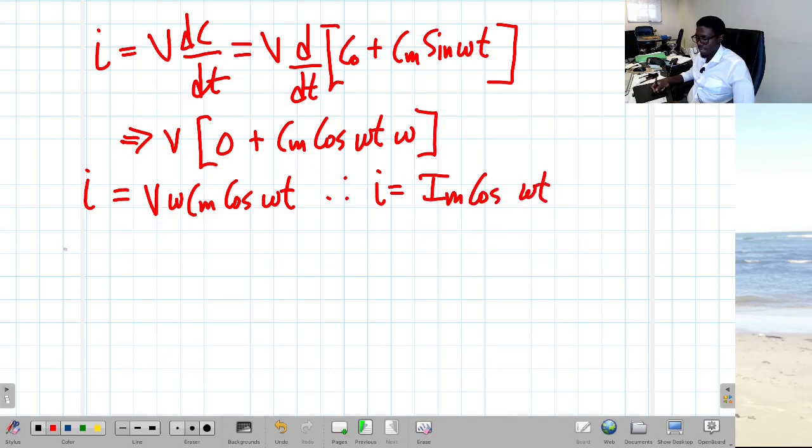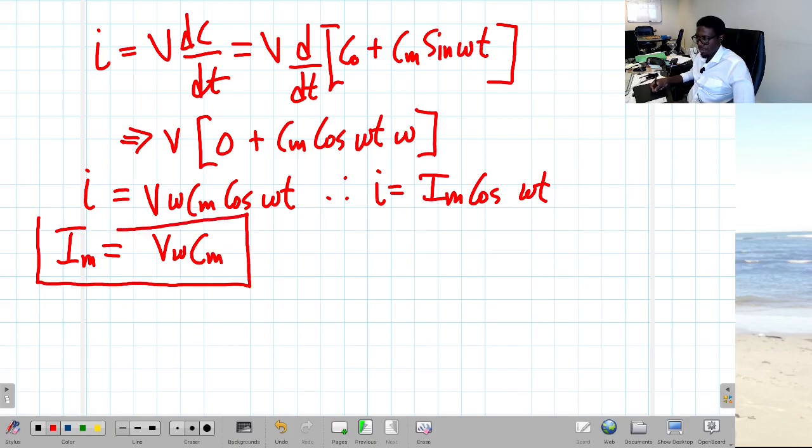So Im, the maximum value of current, is going to be equal to V ω Cm. That is our Im.